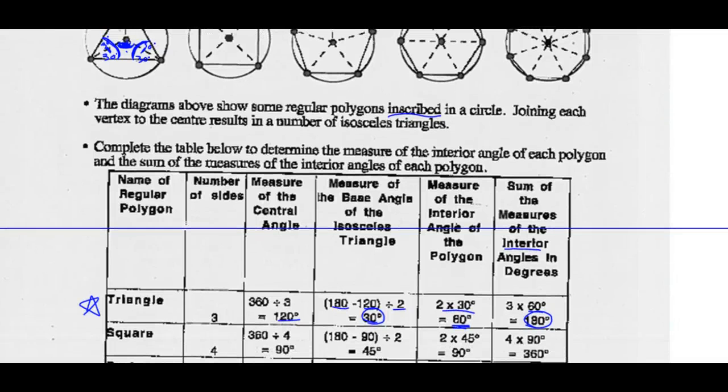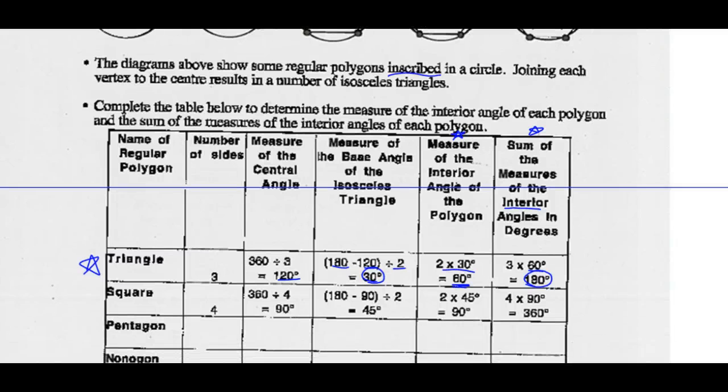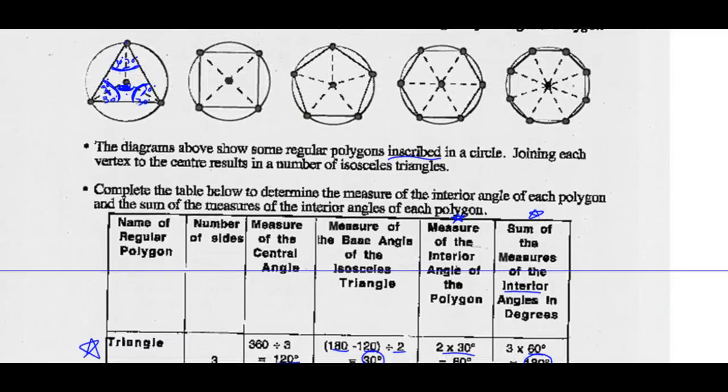If you use that reasoning, we can figure out the measure of the interior angle of a 4-sided figure and the sum of all the measured interior angles. Now we're going to go to a square, which is 4-sided. Same idea: connect the center to the vertices, and we make isosceles triangles because these are still radii.